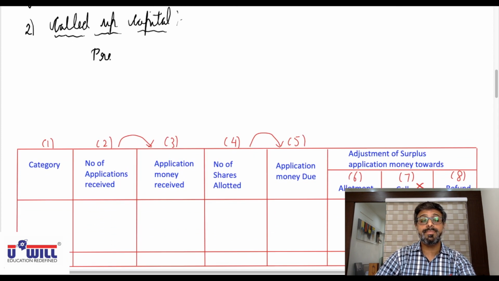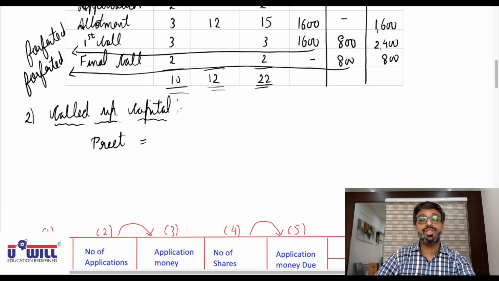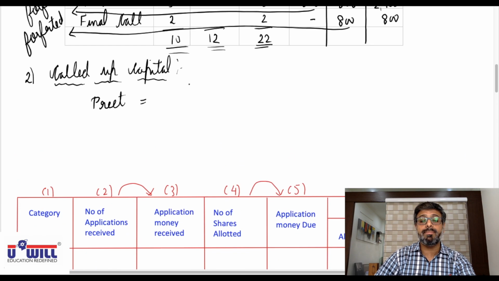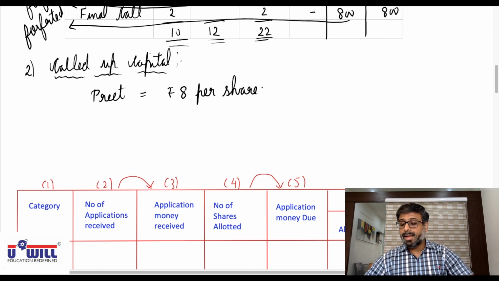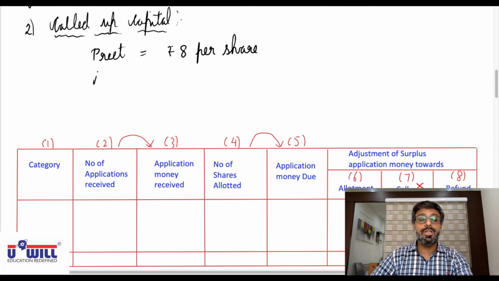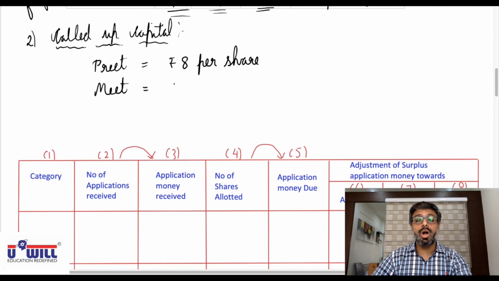So Preet, after first call the forfeiture is done. So I told you 10 minus 2, 8 rupees per share is called up capital for Preet. And Meet, the forfeiture is done after final call. So called up capital is complete rupees 10 per share.